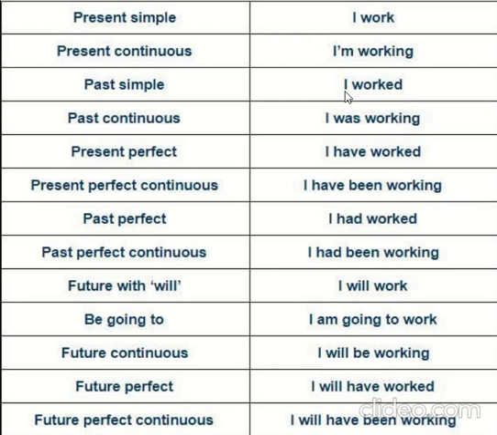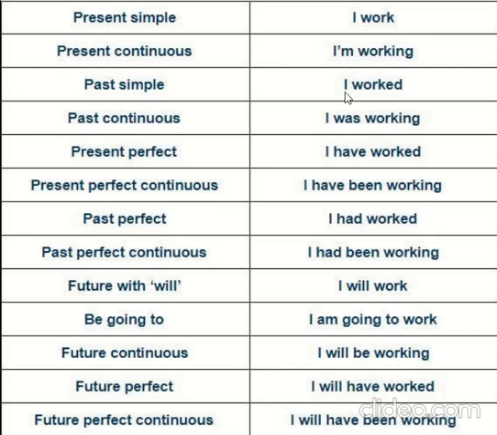Let's say I slept. So if we use sleep as an example, sleep in the present simple would be I sleep. Right? In the present continuous, it would be I'm sleeping. In the past simple, it would be I slept.